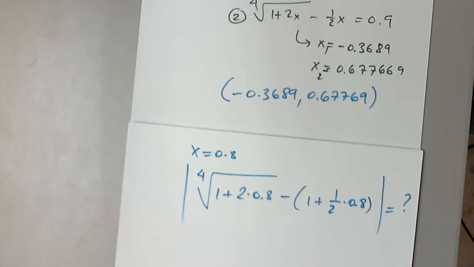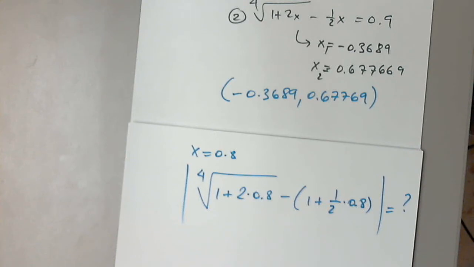So I have, in parentheses, 1 plus 1.6, so that's 2.6, but anyway, I wrote it. Power, right? 1 divided by 4, the fourth root. And then minus, I did not put the absolute value, so whatever I get, it has to be an absolute value. But I'm on the right-hand side, so it could be either way.